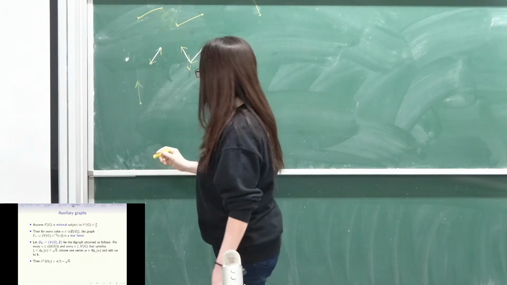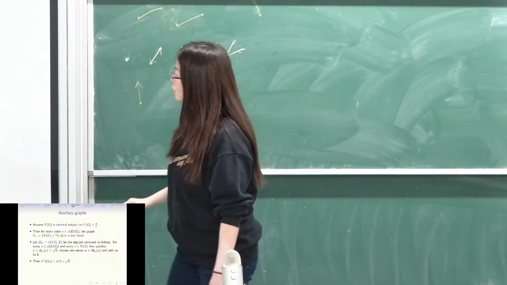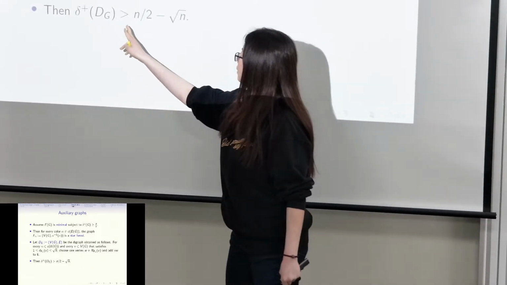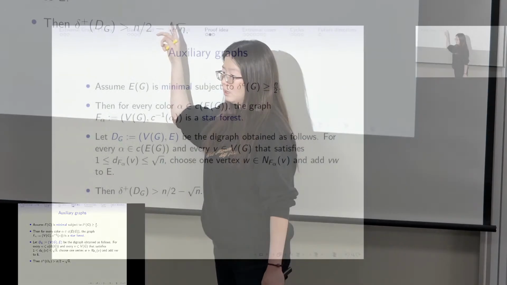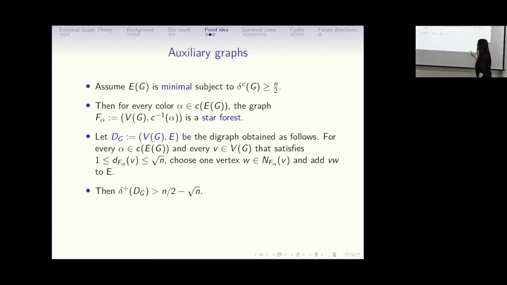Then this one is going to have out degree at least the color degree minus the cases when it becomes a big center at the color. By big, it sees square root of n edges in that color, but in total it sees up to n edges. So it can show up as a center for at most square root of n times.